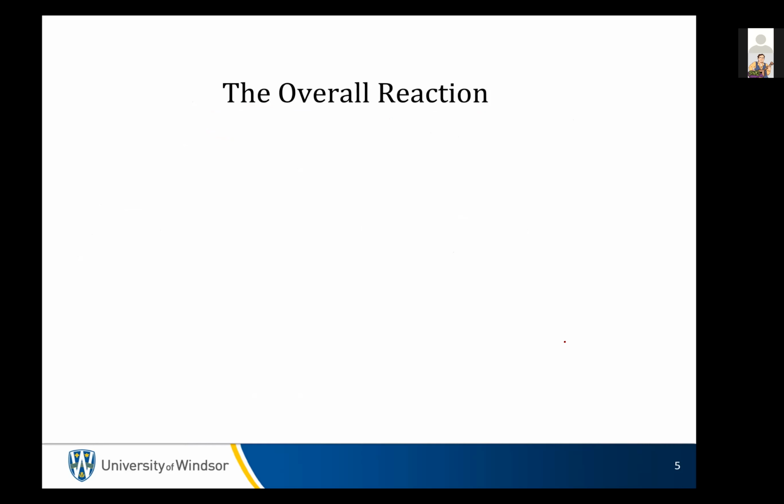So the overall reaction for this is, okay, well, that's not what I actually want to talk about. Okay, initiation is clearly not on the slide. In this case, there is no pre-activation. We're going to talk about why when we get to an example with pre-activation.